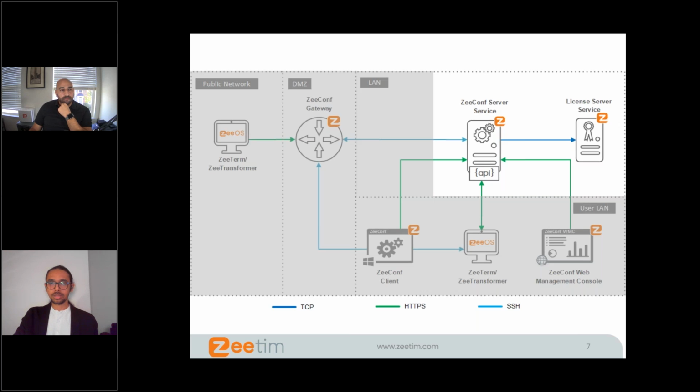One other interesting thing, which Omar also mentioned before, is the licensing. We license based on concurrent devices, and it's not tied to the MAC address of the device. So if you have 100 concurrent users, you'll only need 100 licenses.